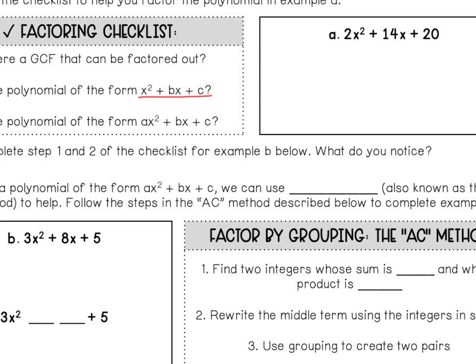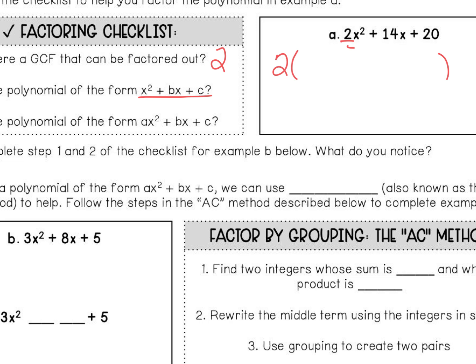Is there a GCF on 2x squared plus 14x plus 20? 2. So yes. We talked about yesterday when you have a GCF, it goes outside the parentheses. And what is it actually doing to our numbers in our trinomial? We are dividing.